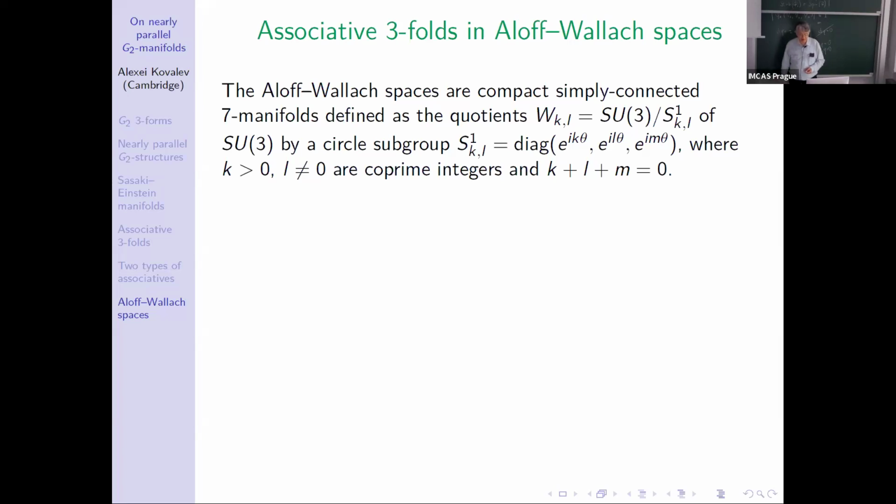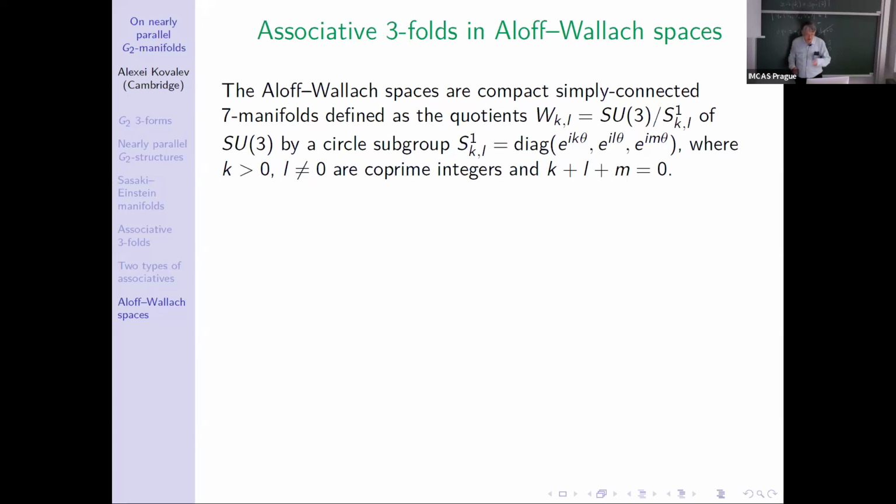So the parameters we have to choose are k and l, as we see in the notation for the Aloff-Wallach spaces. These are integers. K is positive, L is non-zero, K and L must be coprime, and then M is determined by K and L, so K plus L plus M is 0. So we have a well-defined subgroup. And the subgroup, matrices depend on theta, therefore the subgroup is indeed isomorphic to a circle.